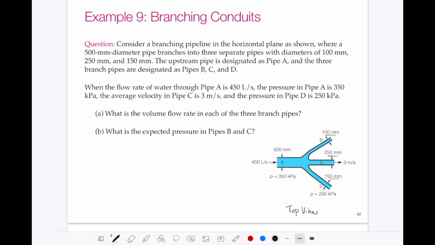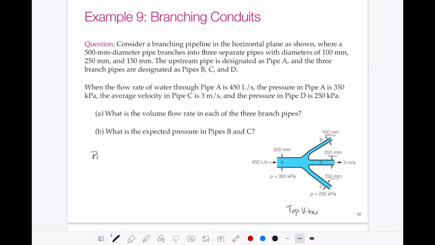Any thoughts? Where should we go? Let's start by writing some Bernoulli's equation. When in doubt, let's write Bernoulli's equation.